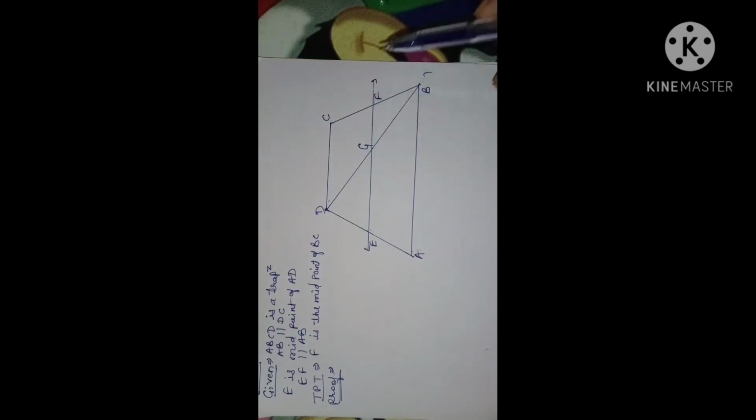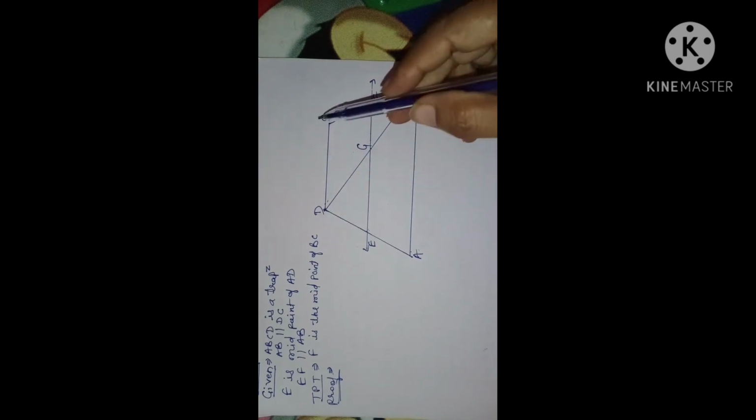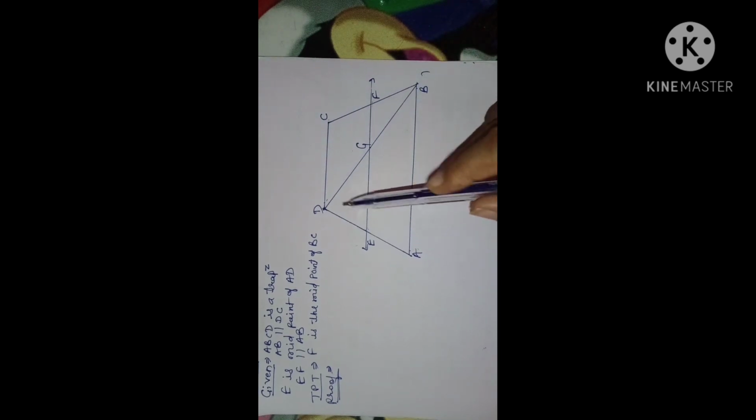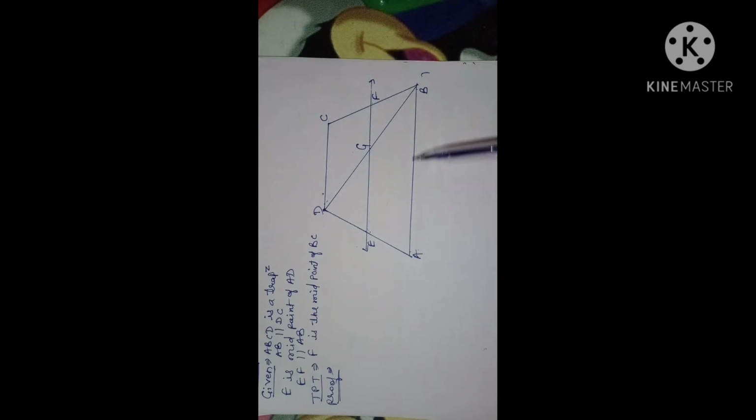Then, now consider triangle BCD. Here, it is given that AB is parallel to CD, and EF is parallel to AB. So if I compare, EF is parallel to AB and CD is parallel to AB, so comparing I will get CD parallel to EF.